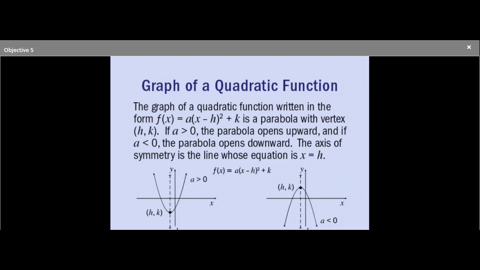If a is greater than 0, the parabola opens upward. If a is less than 0, the parabola opens downward. And the axis of symmetry is the line whose equation is x equals, notice that h? The h is the x value of the vertex, just as I mentioned a moment ago.